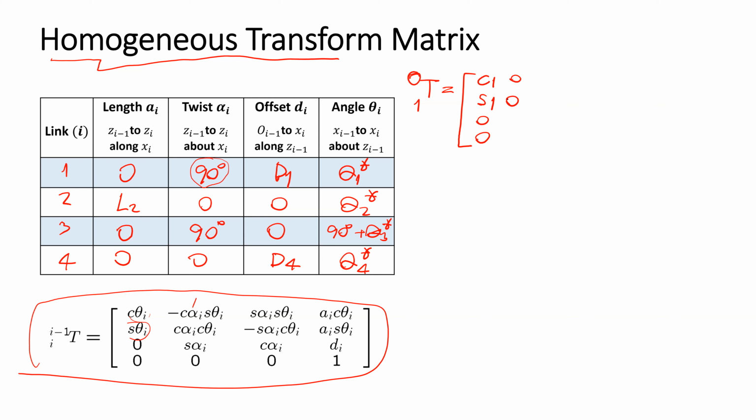Sine 90 degrees will be 1. And we have sine theta 1 and minus cosine theta 1.